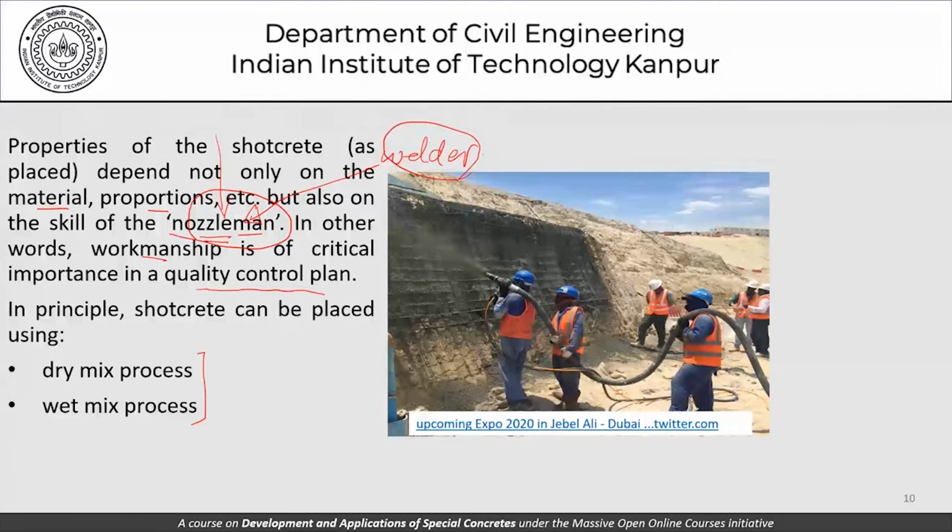These are questions which I'm leaving to you to look for in literature. It's not so much a matter of thinking, but of looking at the literature and trying to find out from the standards in different countries how they treat the qualification of a nozzleman.